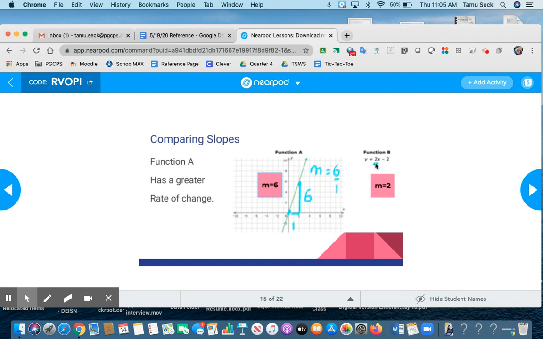In function B, the slope is the number that multiplies x, so the slope is 2. In function A, we have to find 2 points, draw a right triangle. The slope is 6 over 1, which is 6. So function A has a greater rate of change.